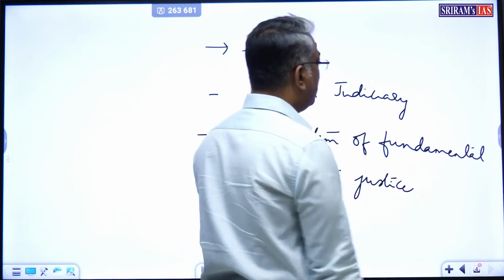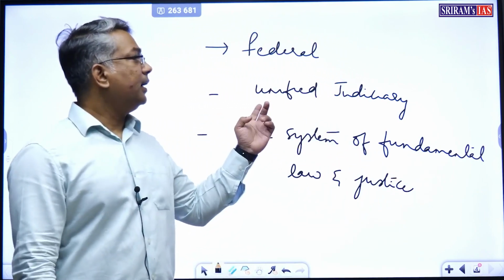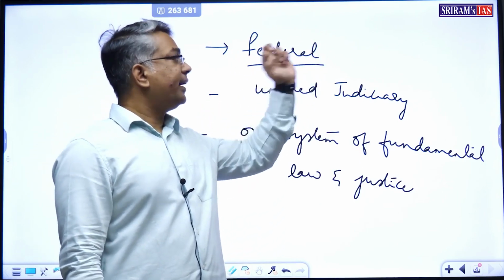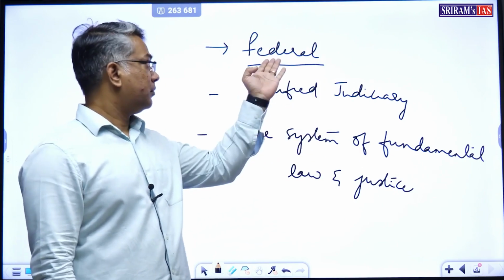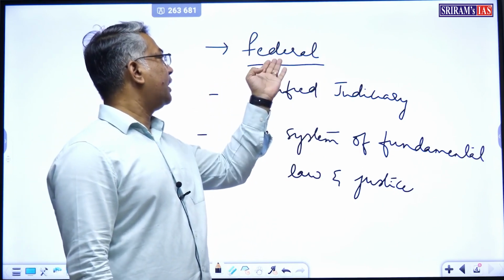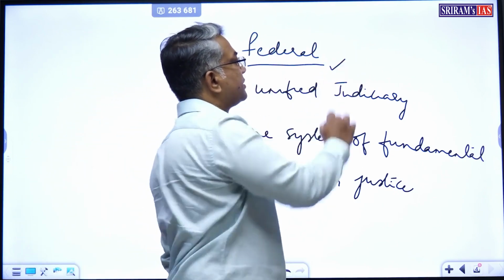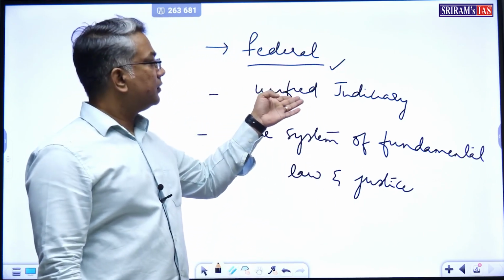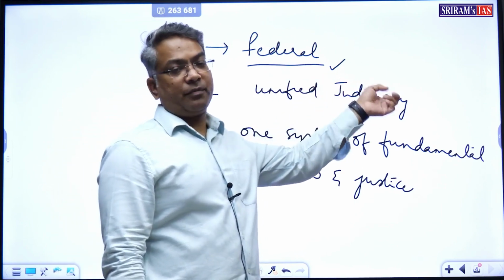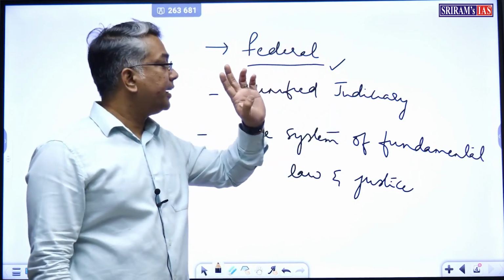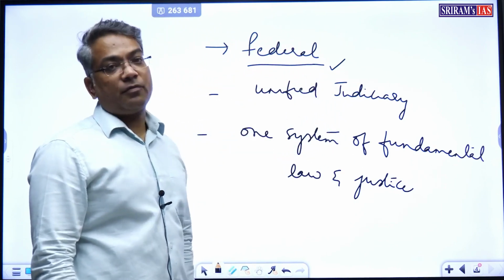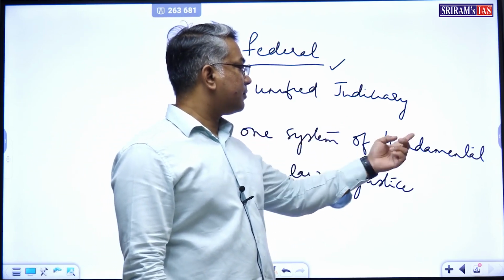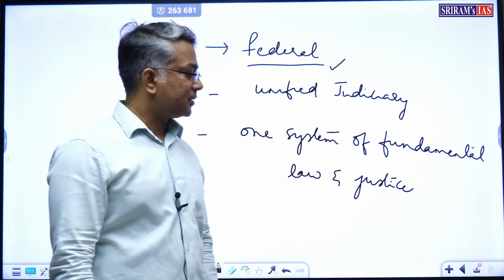So, this is about the Indian judicial system. Though like the American polity, our polity is also federal in structure, still our judiciary is unified, whereas the American judiciary is a double system of courts. Indian judiciary has one system of fundamental law and justice.